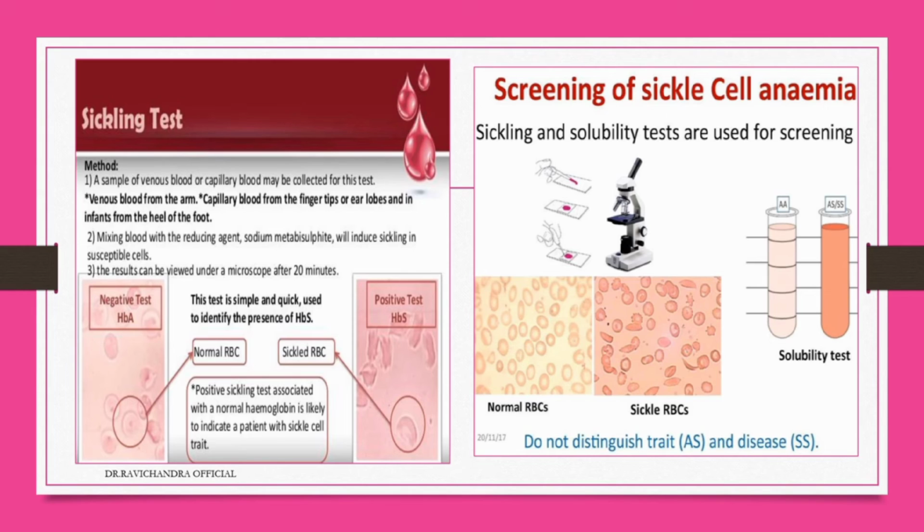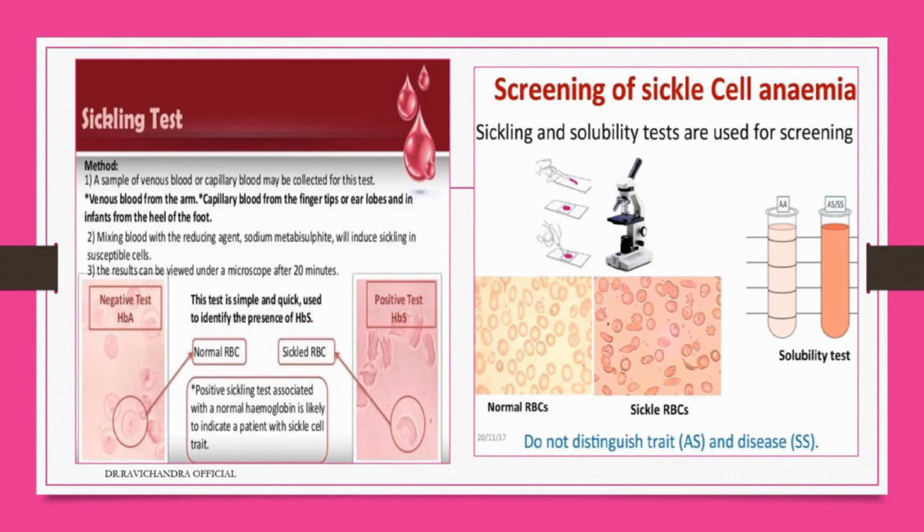Mixing this blood with a reducing agent like sodium metabisulfite will induce sickling in susceptible cells. 1% sodium metabisulfite is helpful in inducing the sickling as it is a reducing agent. This test is very simple and quick, used to identify the presence of hemoglobin S. A positive sickling test associated with a normal hemoglobin is likely to indicate a patient with sickle cell trait.